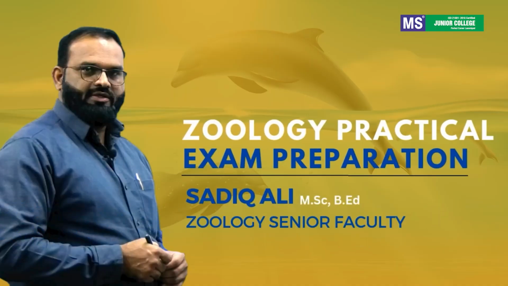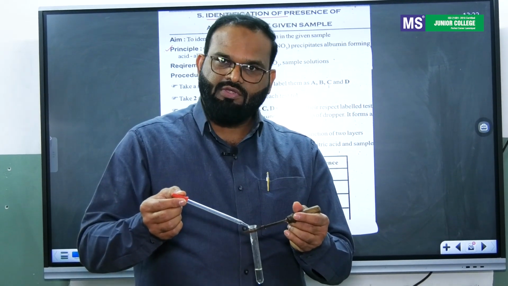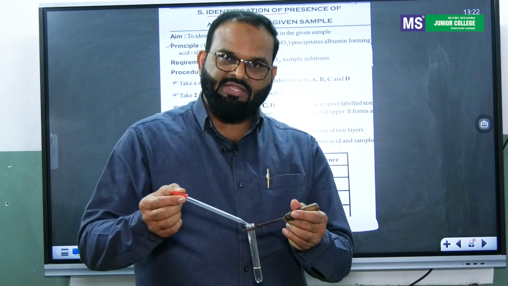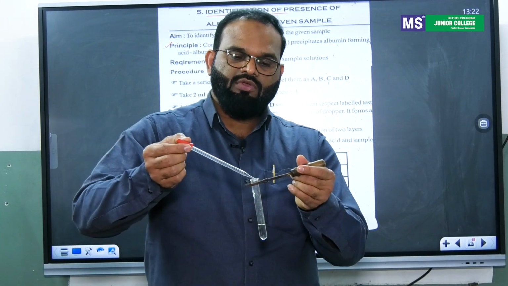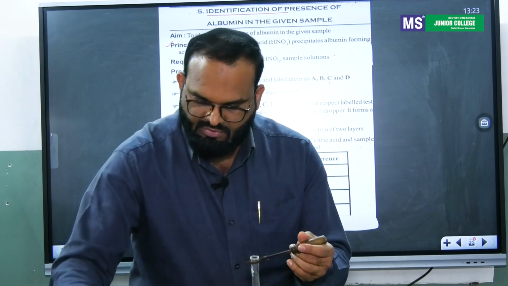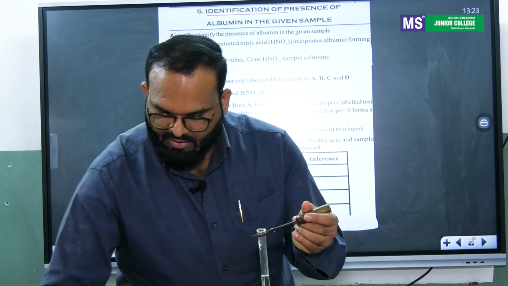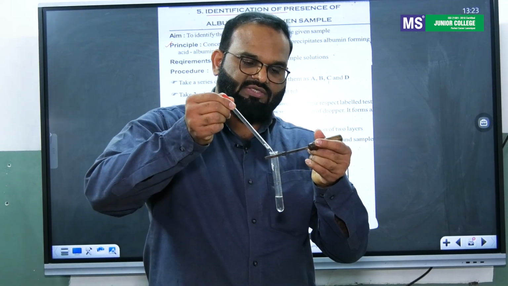Students, I am showing you one model experiment. Identification of presence of albumin in the given sample. For that, you have to carefully take 4 to 5 ml of nitric acid and add 1 or 2 drops of the sample in that.